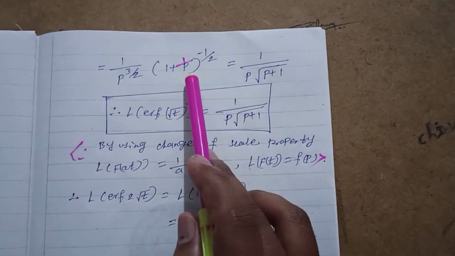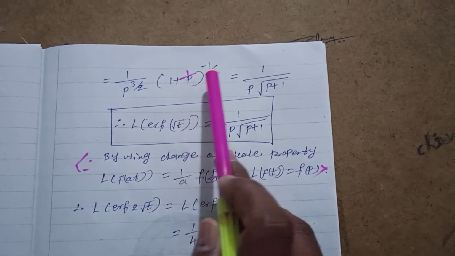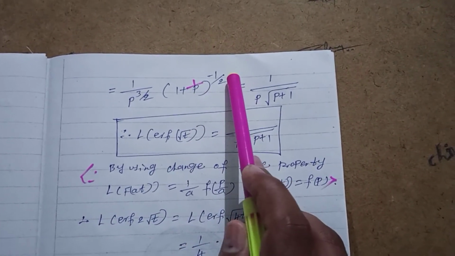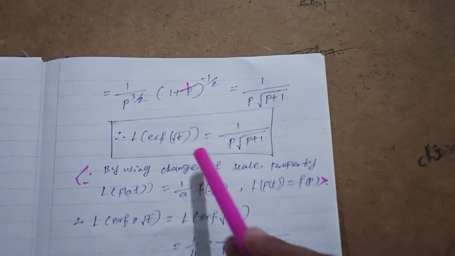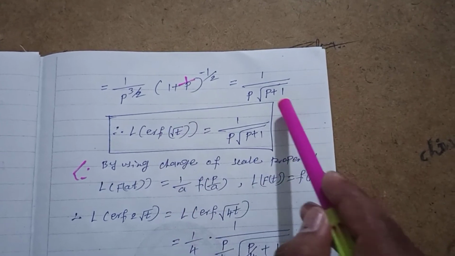Here x is 1 by p and n is minus 1 by 2, so that is 1 plus x whole to the power of n. If you do some small simplification, we will get this one.